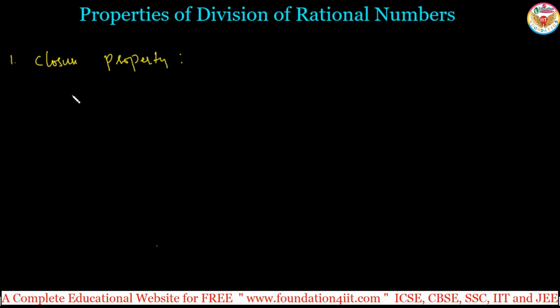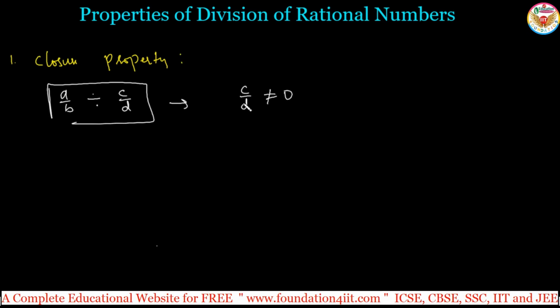If any rational number is divided by a non-zero rational number, then the result is also always a rational number. So for example, a by b is a rational number and divided by c by d, then this result is also a rational number. The only condition is that c by d is non-zero.